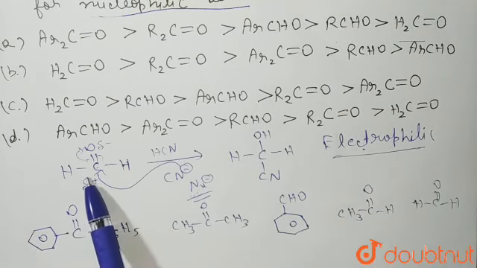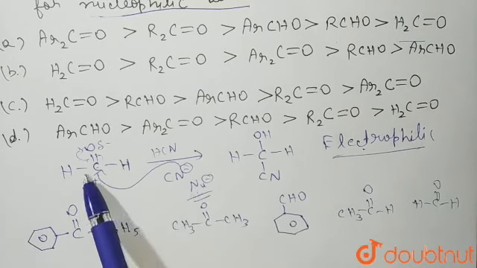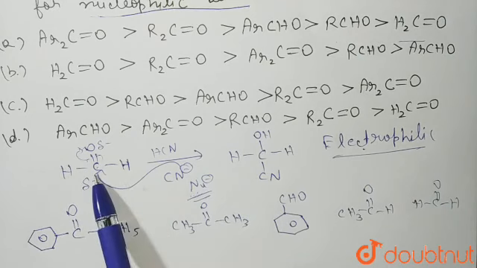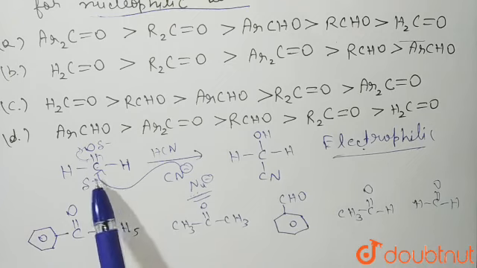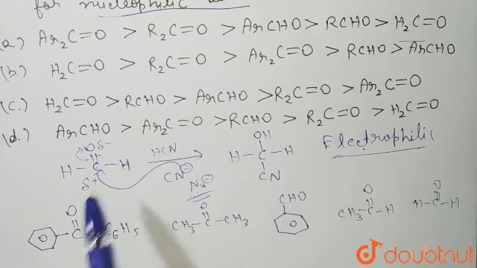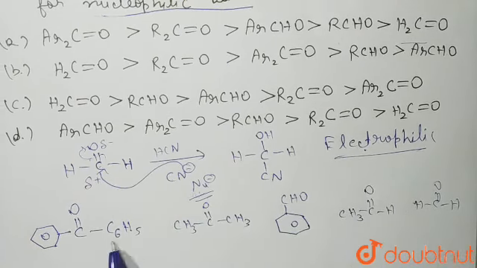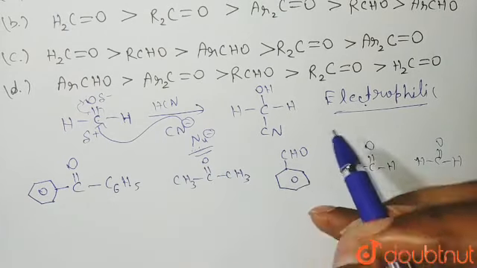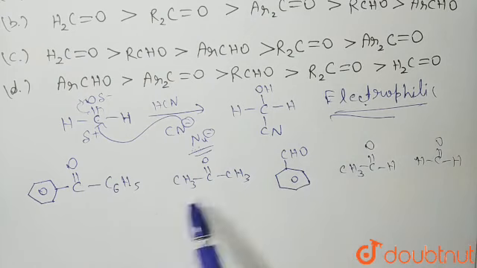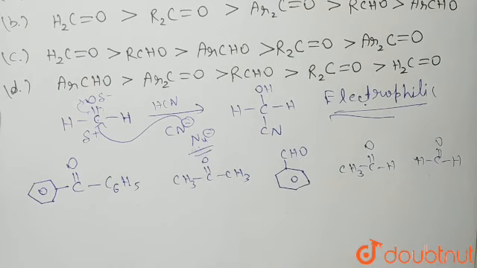If it has more positive charge, it is a better electrophile, so the nucleophile can attack it at a faster rate, the reaction occurs quickly, the rate is high, and thus the reactivity is high. The carbonyl carbon which is most electrophilic will have the highest reactivity towards nucleophilic addition.